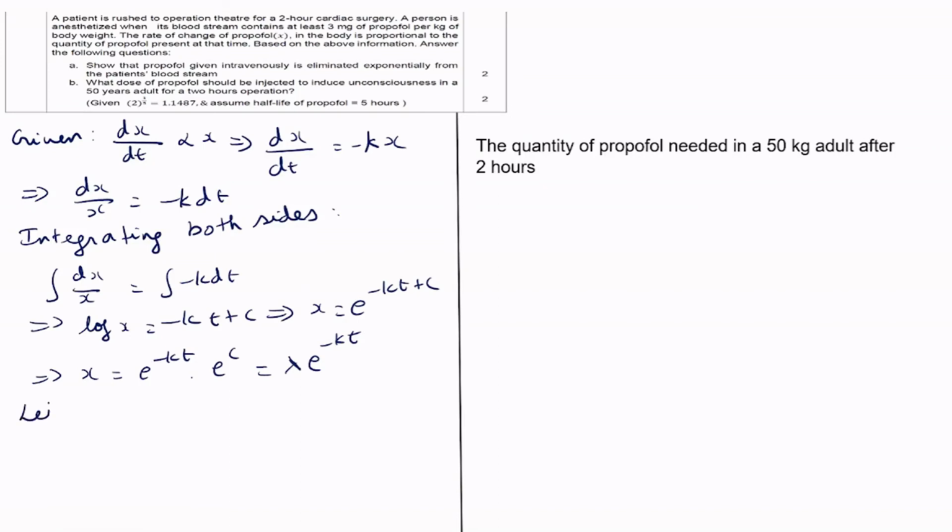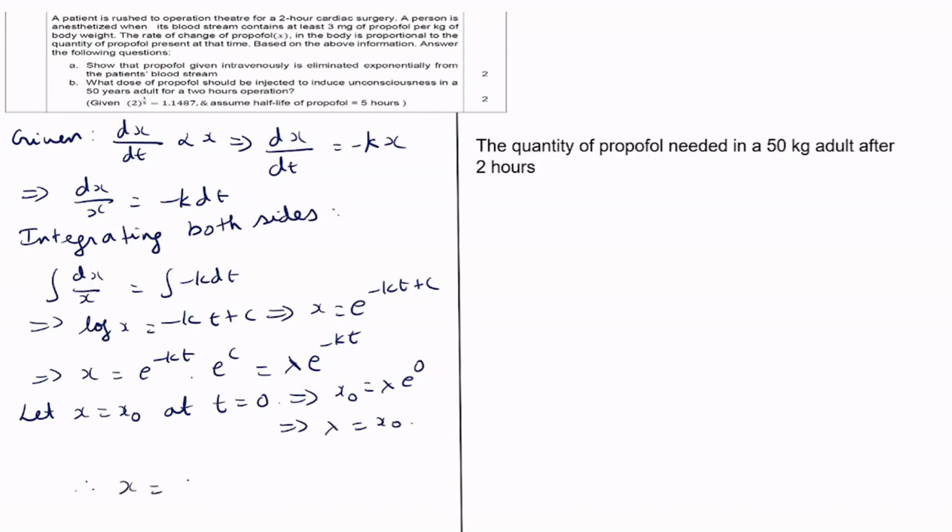So let us take x equal to x naught at t equal to 0. So this implies x naught is equal to lambda into e raised to 0, or lambda equal to x naught.